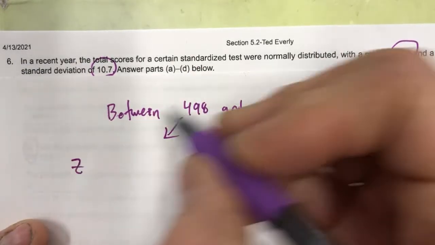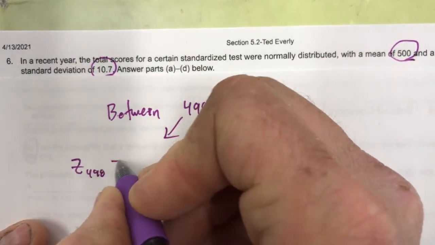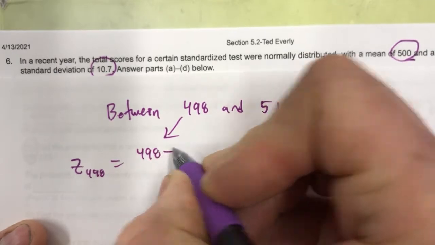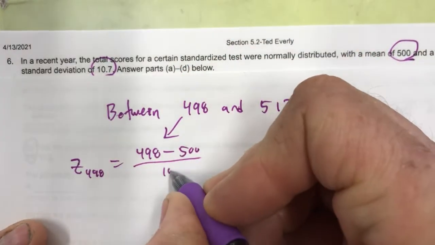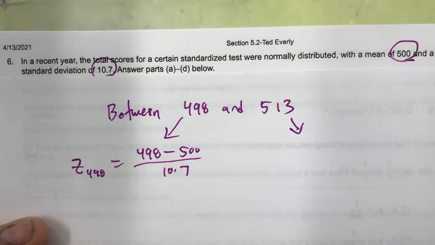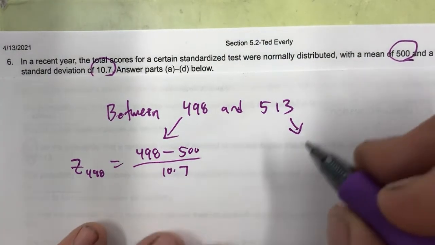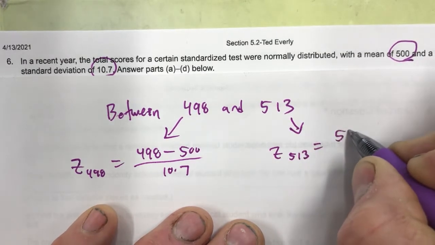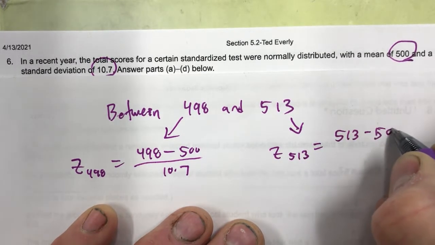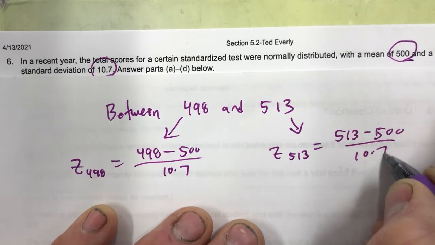So my z-score for 498 is going to be 498 minus the mean, which was 500, divided by standard deviation, which was 10.7. Okay, here my z-score for 513 is going to be 513 minus 500 divided by 10.7.